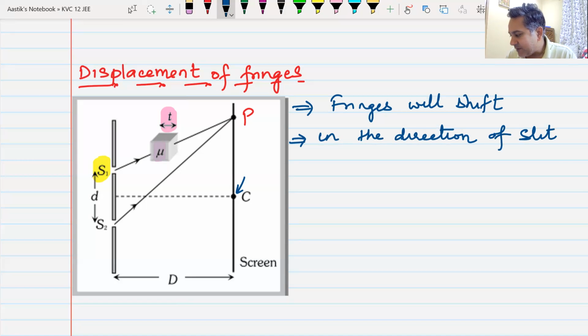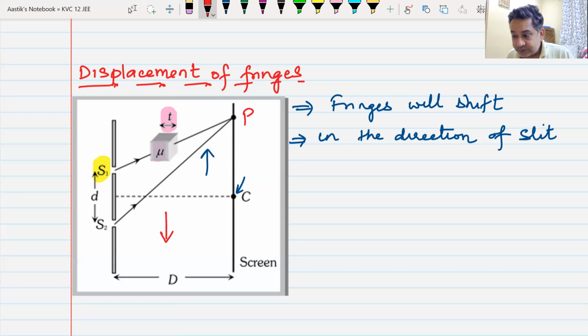What do I mean by this? If I place a glass slab in front of the upper slit, the fringes will shift upwards. So in this case, fringes will shift upwards. If I put a glass slab in front of the lower slit, then they will shift downwards.